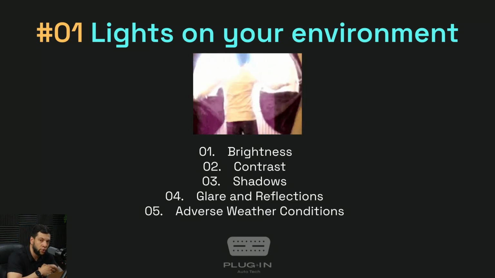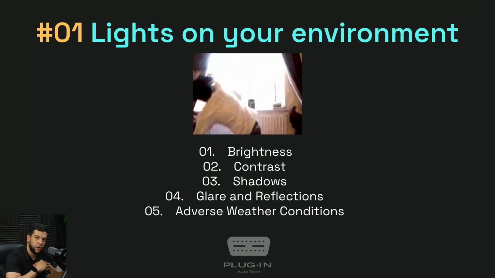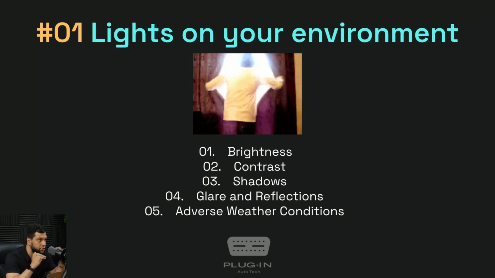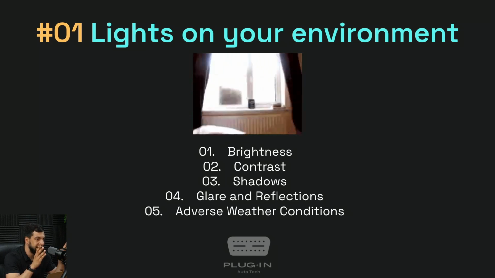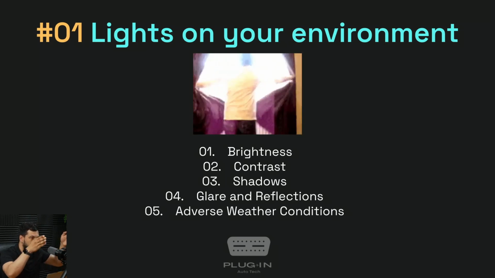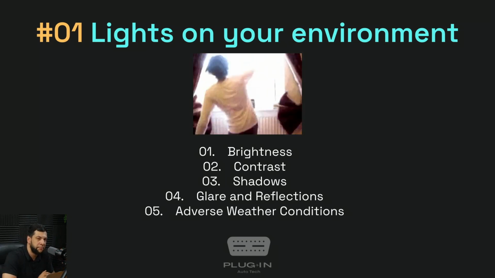You have no control of that. So you should be aware of this, check the targets from the point of the camera, and then you'll be able to see how the brightness is affecting the vision of your camera over the targets.